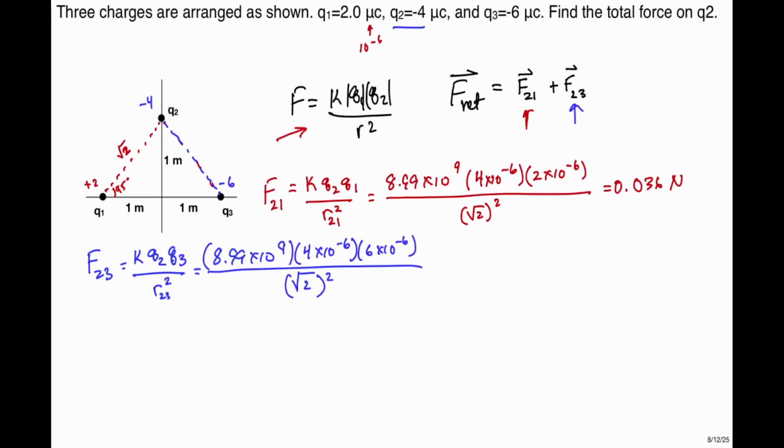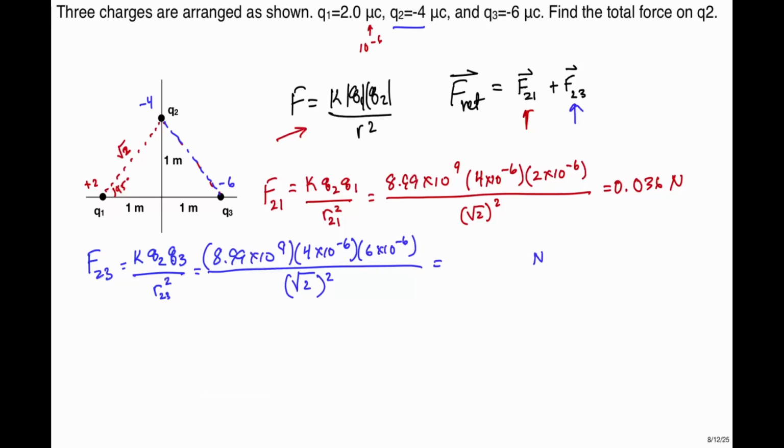Okay. And then we chuck that into a calculator. And that's what I got. Okay. So that is not what I got. I know this is wrong. Why is this wrong?